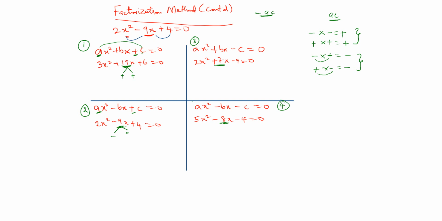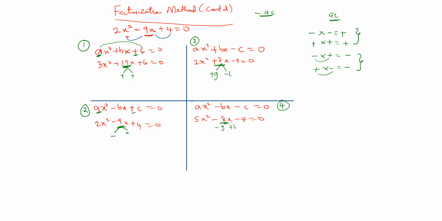When you split 7, one of the two numbers will be minus and the other will be plus, to give us 7. Because this is plus 7, the greater of the two numbers takes plus and the lesser one takes minus. And vice versa here, because this is minus, the greater will be minus and the smaller one will be plus.